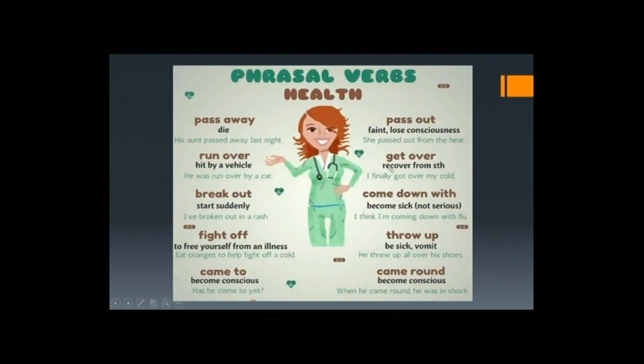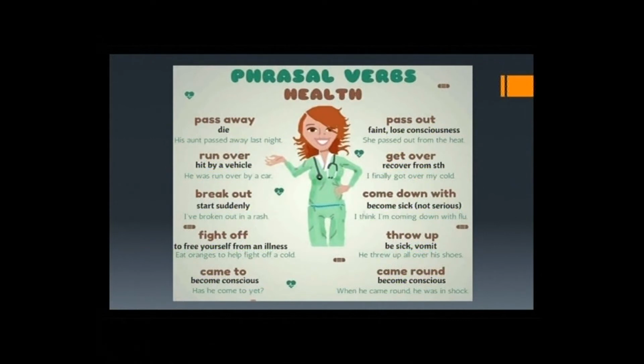Get over. Again, get over, it is recovered, recovery phase. The patient has recovered. Instead of this, you can say that he has got over his condition. Come down with, it's become sick. I think I am coming down with flu. Not serious, but it's regular when the weather changes. Throw up, it's a very common word that you use, but generally the students use this, he is vomiting.